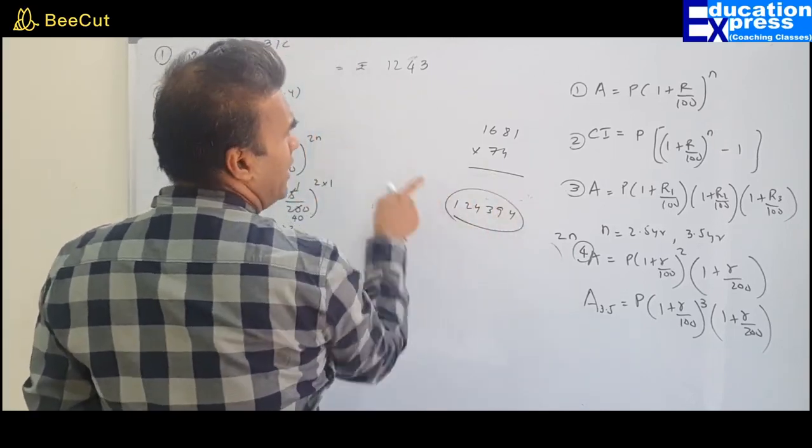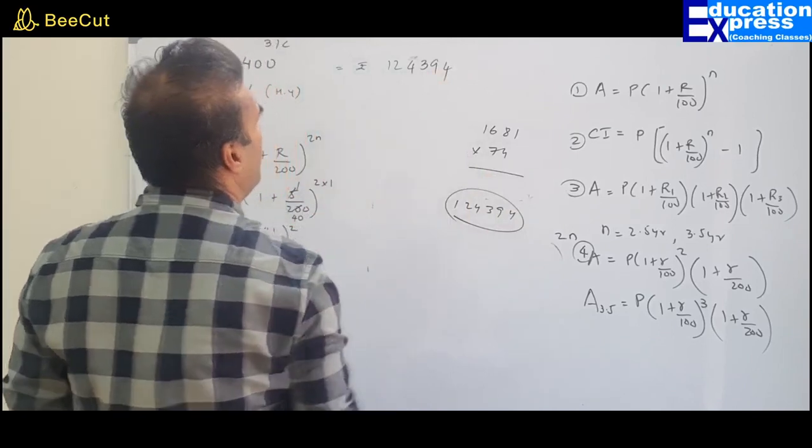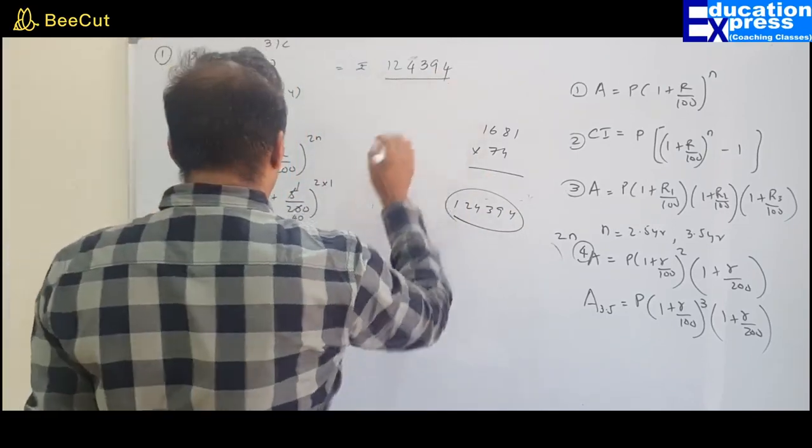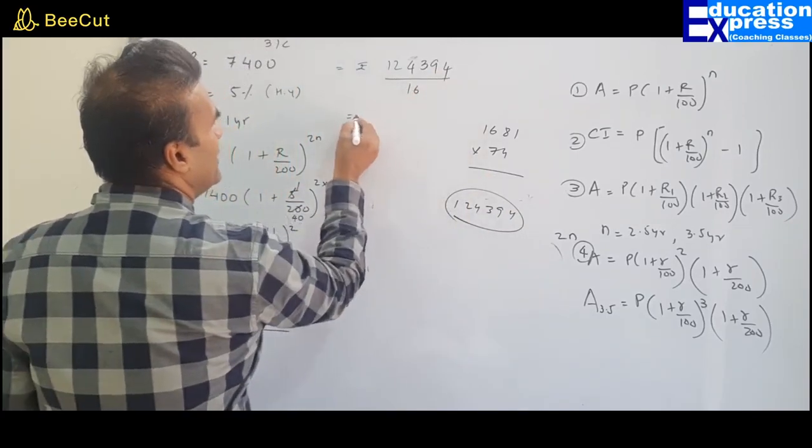It's going to be 124,394, the whole upon 16.